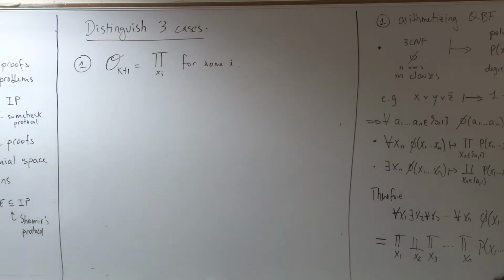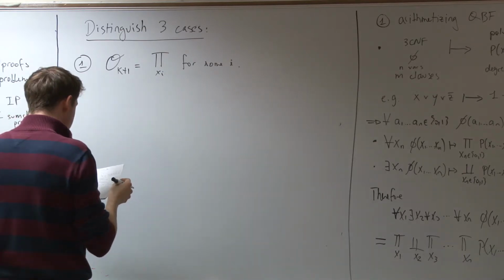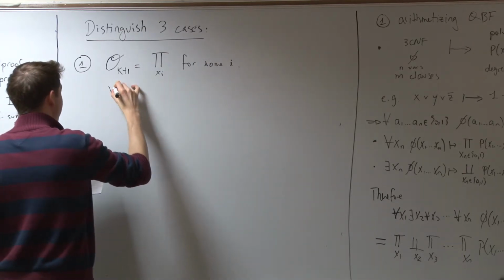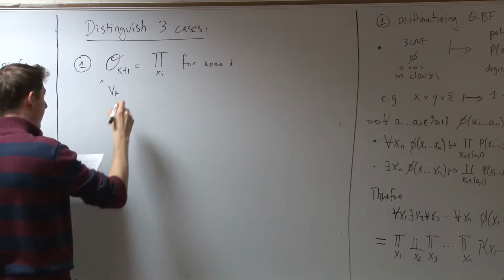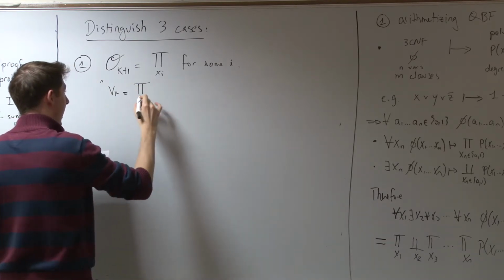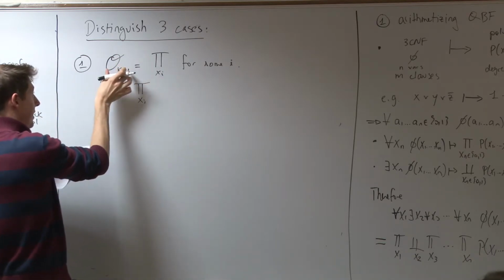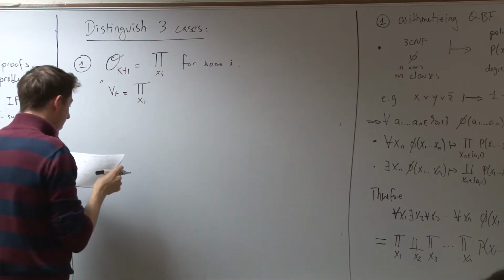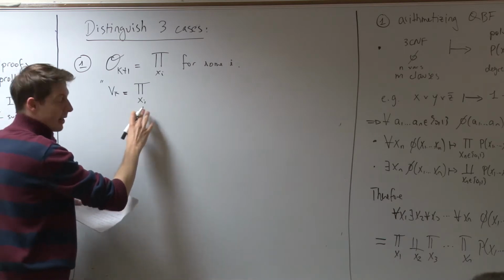Okay, say that we're in this case. Notice that i need not equal k, right? So in this case, how do things look like? Okay, we have some claim that says v_k equals, and then we start out with product x_i, because that's the first operator here. Now, what do we expect to see after product x_i?